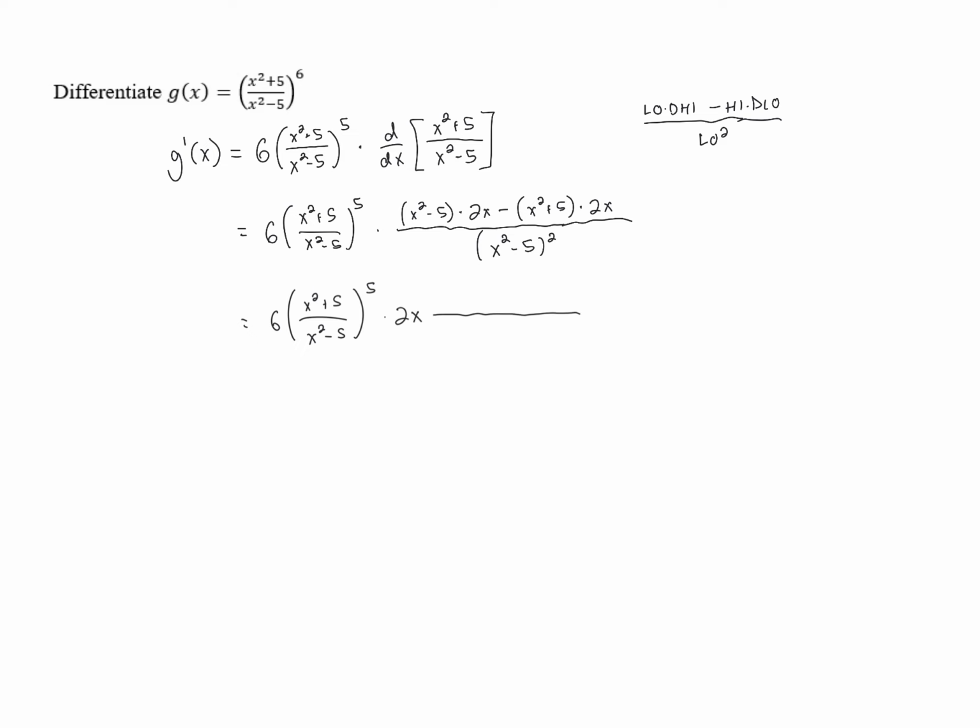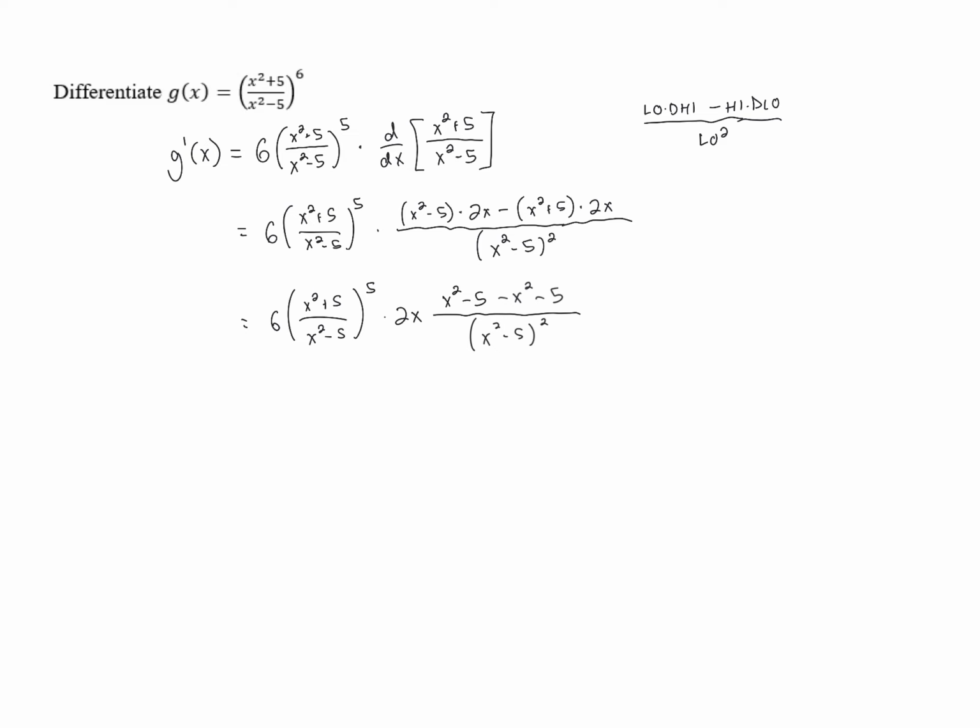And then let's see what's left over in the top. We've got that x squared minus 5. But then when we distribute the subtraction to the terms in the other polynomial, that's going to be minus x squared and then minus 5, because both of them are going to become negative, all over x squared minus 5 quantity squared.